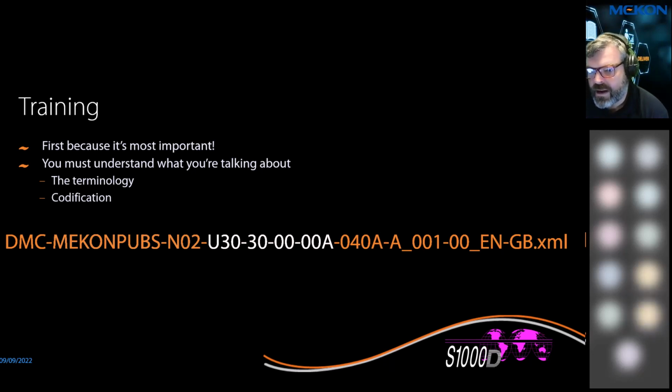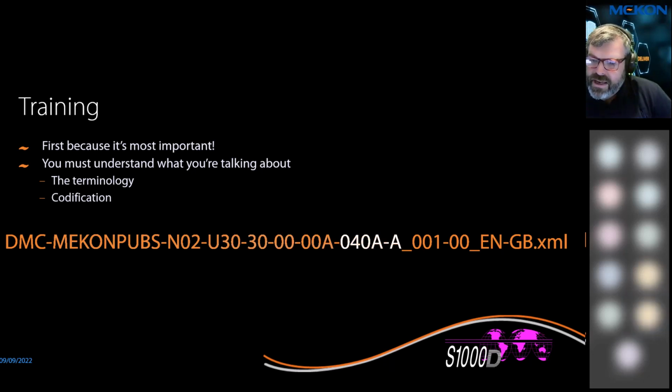The final 00A is known as the disassembly code in S1000D, and that would give me a breakdown if I was working on, for example, a component. So the 303000 would tell me what the main component was, and then the 00A at the end would give me the breakdown of the things that go inside it. Well, because I'm documenting software here, there isn't really a breakdown, so we don't particularly use that last section.